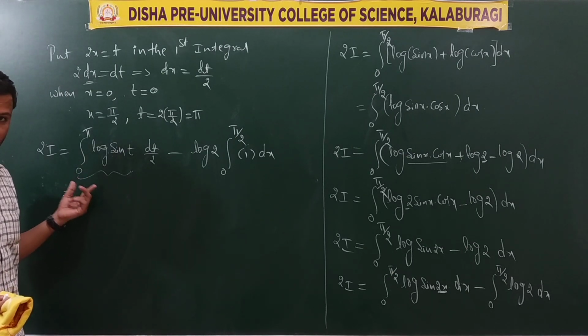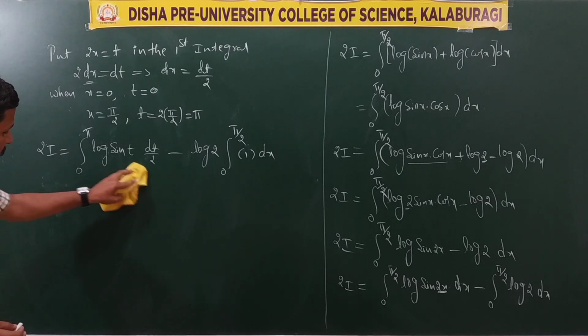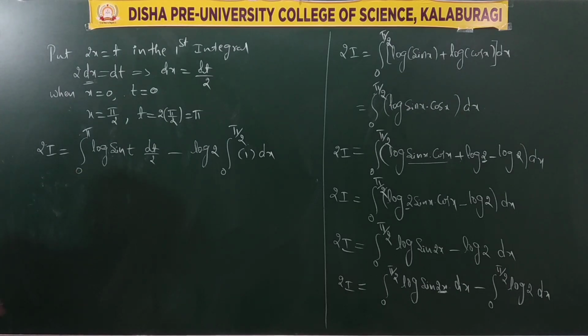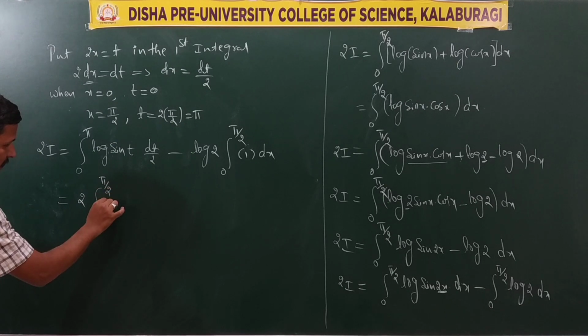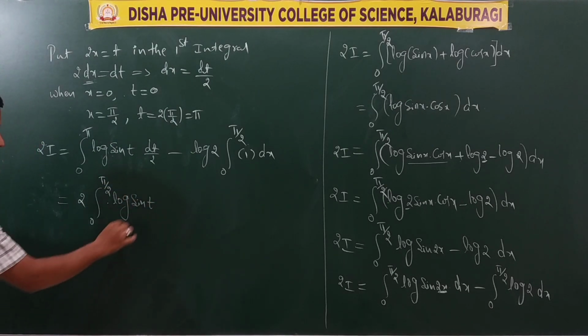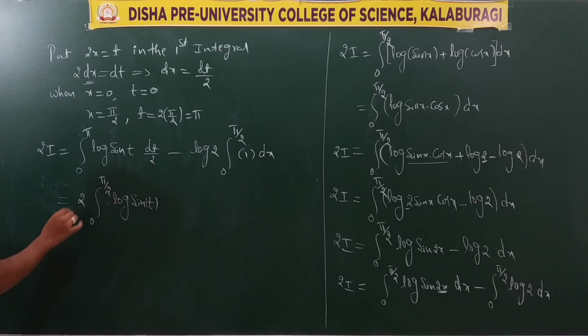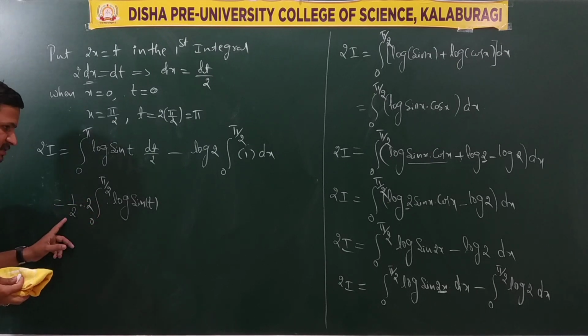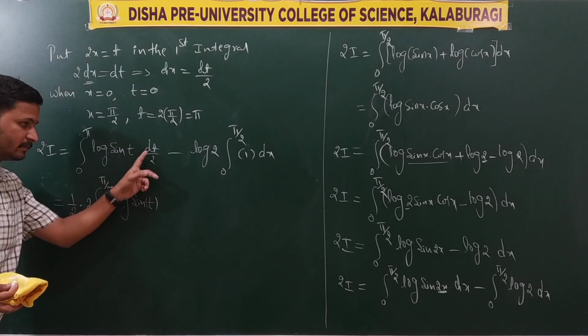Use that property. Okay, yes. So which is equals to 2 times of 0 to pi by 2 log of sin t. Here 2 is there, so write down 1 by 2, because dt by 2 is there.